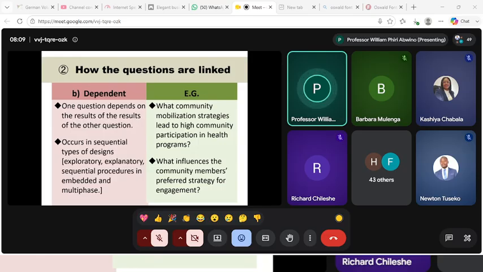The second one is the explanatory sequential mixed research design.